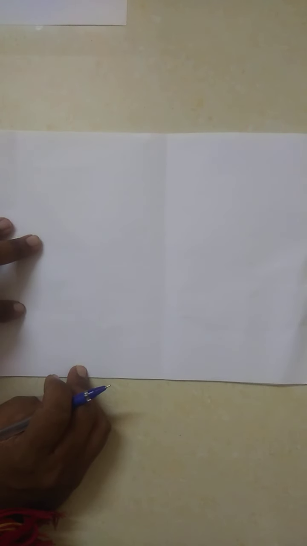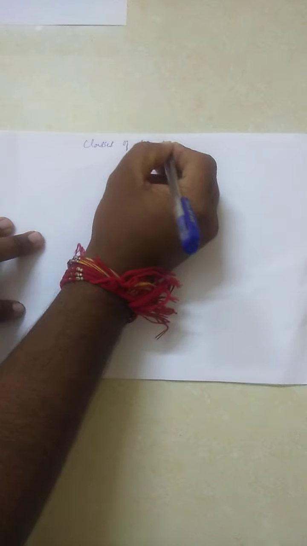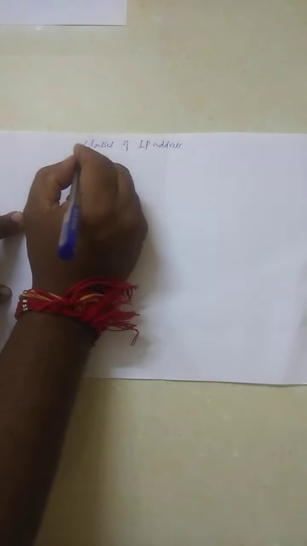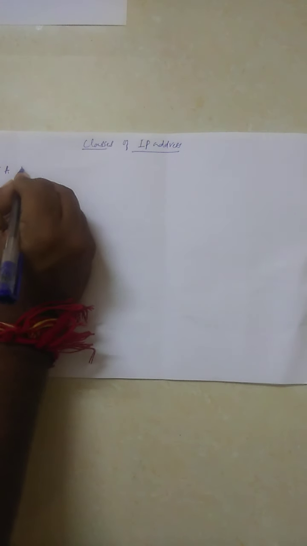classes of IP addresses. You know that these are the classful IP addresses. These classes of IP address have a total of 5 types. We'll start with the Class A IP address.